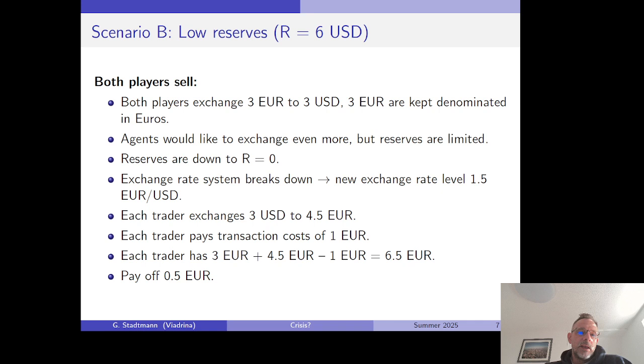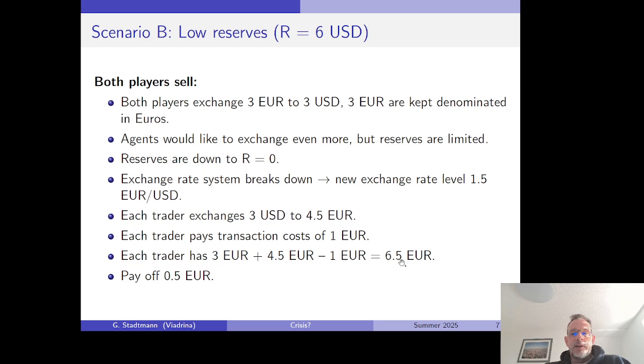US dollar. Each trader exchanges afterwards the $3 back into 4.5 euros, and the trader has to pay the transaction cost of €1. So in the end, each trader has €3 because €3 were kept denominated in euros, then 4.5 euros from this transaction, and the financial agent has to pay the €1 transaction cost.